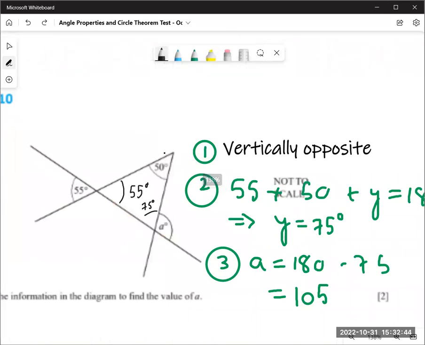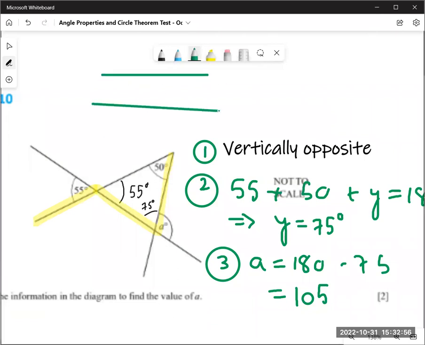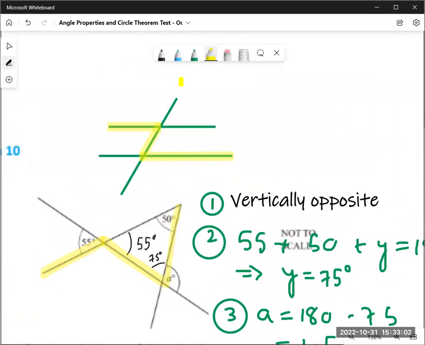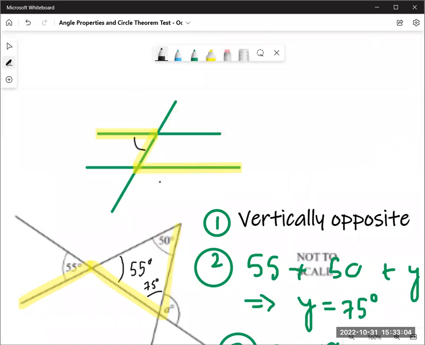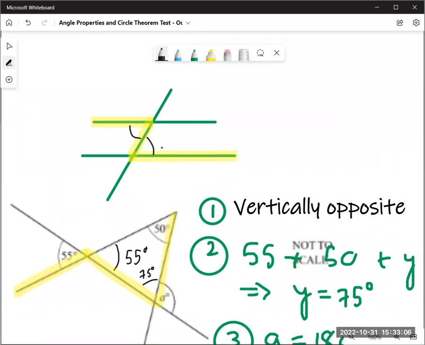If you have lines like this and you get this here, this is your Z. Now this only works for the inside angles, the interior angles first. They are equal. Nothing about this or this. That's not what we're talking about. So this A and B are equal.